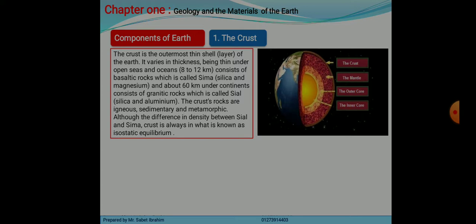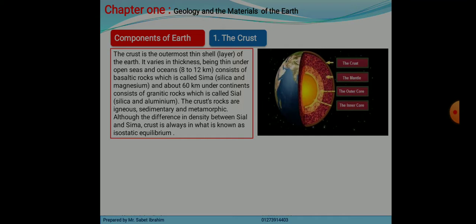That means the thickness under seas and oceans is from 8 to 12 kilometers, and consists of basaltic rocks, which is called sima. Sima means silica and magnesium. And it is about 60 kilometers under the continents, which consist of granitic rocks, called sial, silica and aluminium.